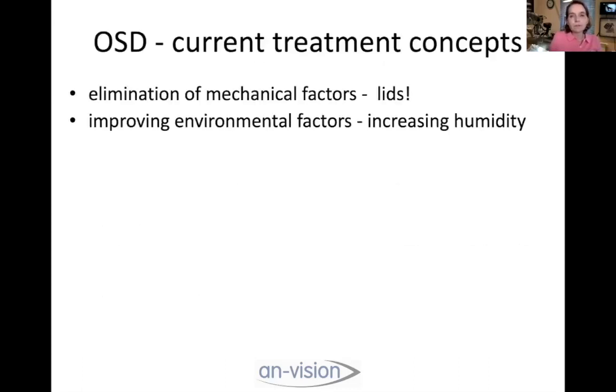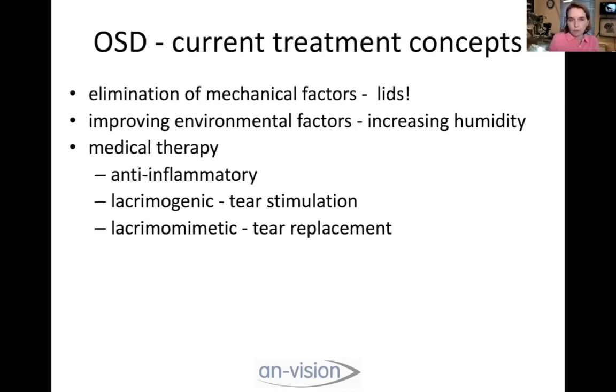So current treatment concepts eliminate all those mechanical factors if you can. You're lucky if you have something that you can eliminate. So if you can work on the lids and improve the situation, you're lucky. If you can improve the environmental factors like increasing humidity or decreasing dust and pollen and stuff like that, you're lucky as well.